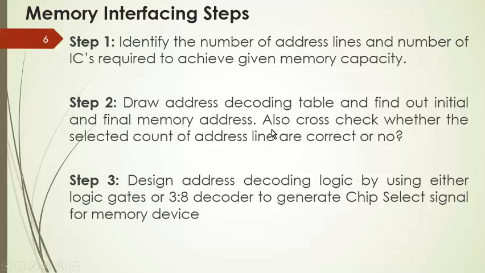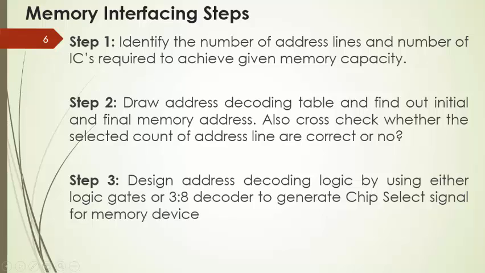In the third step, you have to design the address decoding logic by using either logic gates or a 3 to 8 decoder to generate the chip enable or chip select signal for the memory device. In the case of EEPROM or RAM kind of ICs, you will find a chip enable or chip select active low input signal.